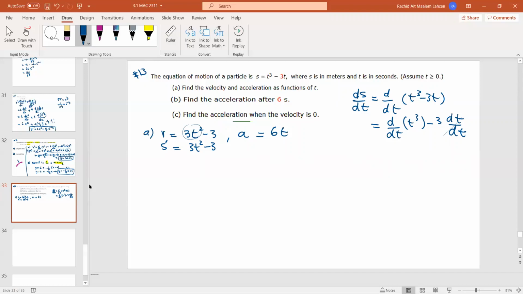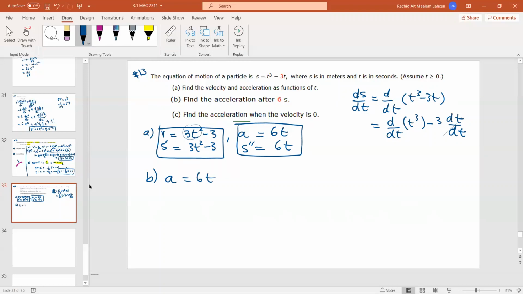And the derivative of 3 is 0. So that's the second derivative there. Find the acceleration after 6 seconds, which means this second one: 36.